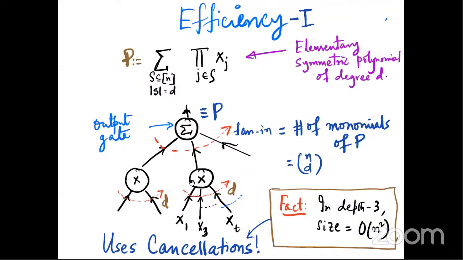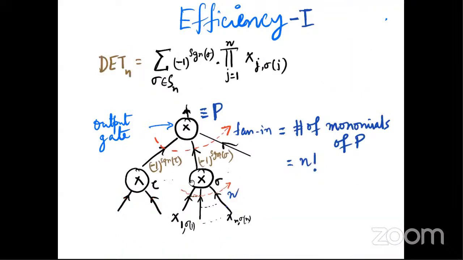But no matter what d is, I can always compute it in size order n square by just increasing the depth by 1 and using the magical power of cancellations. This is the famous theorem due to Ben-Or. So the moral of the story is that cancellations can give you unusual or unexpected power.